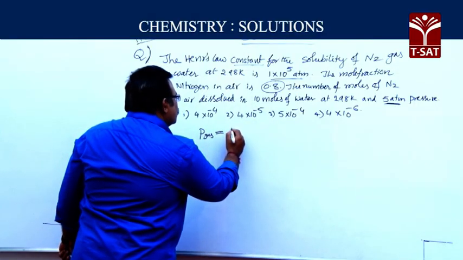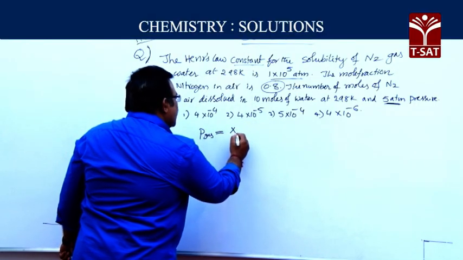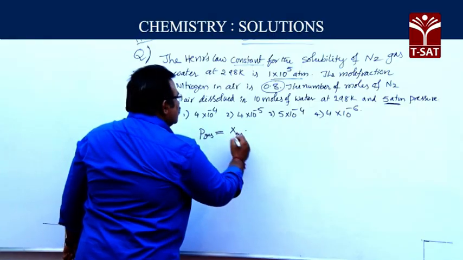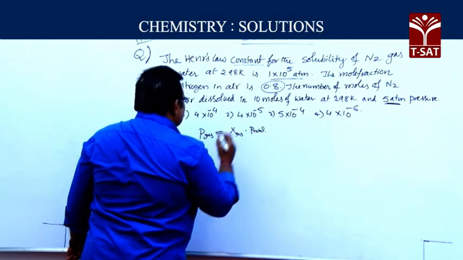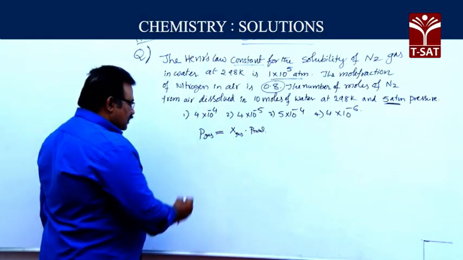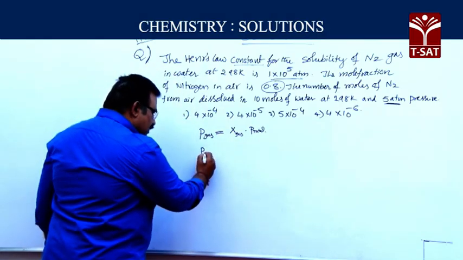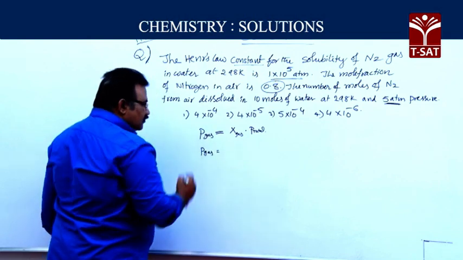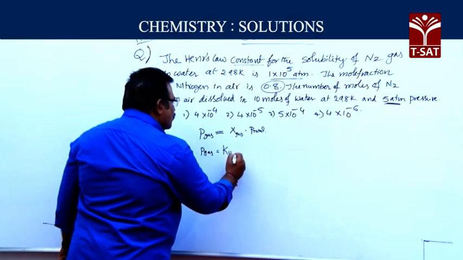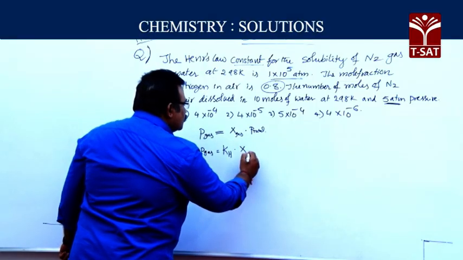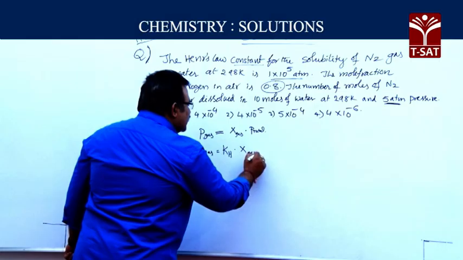Partial pressure is equal to mole fraction of the gas into total pressure. That's what partial pressure is. Henry's law states that partial pressure of the gas is equal to Henry's law constant into mole fraction of that gas.